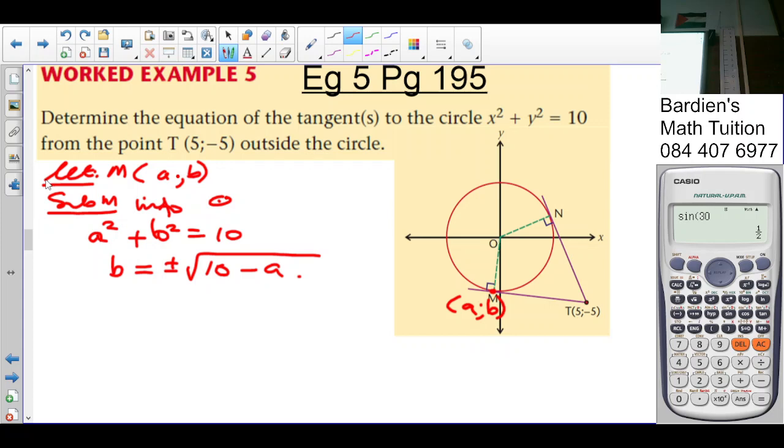Is this on the negative or the positive part of your y-axis? It's on the negative part of your y-axis. So what I'm going to do is drop this plus minus and put a negative there. So currently, my coordinates of M would be (a, negative square root of 10 minus a squared).